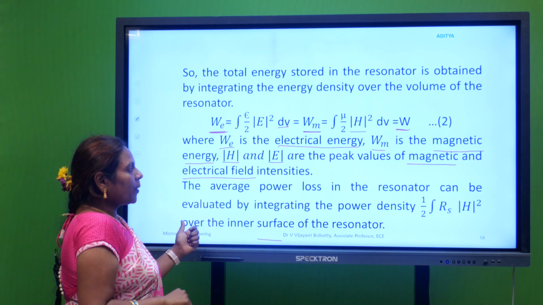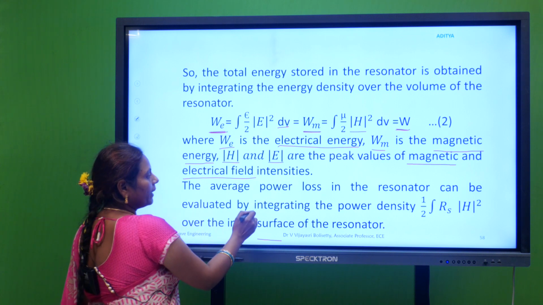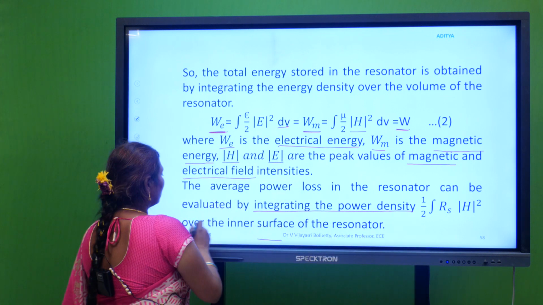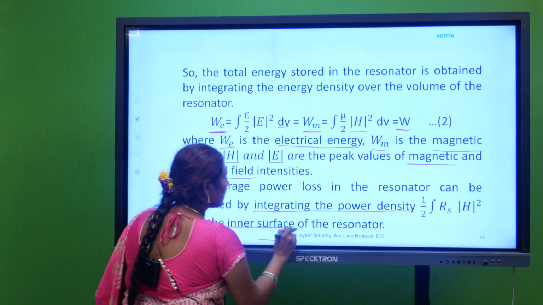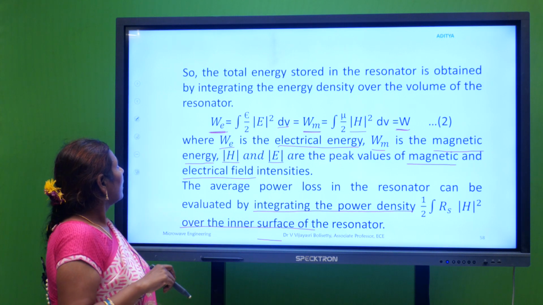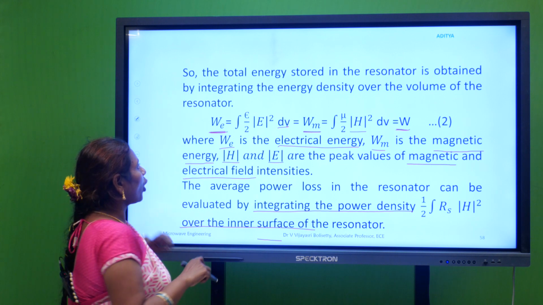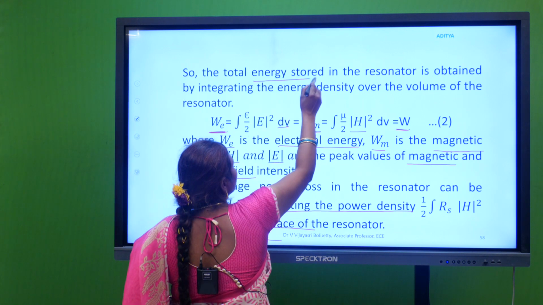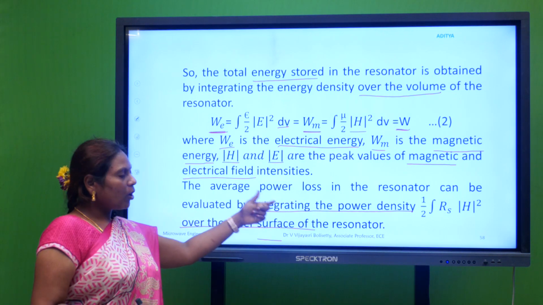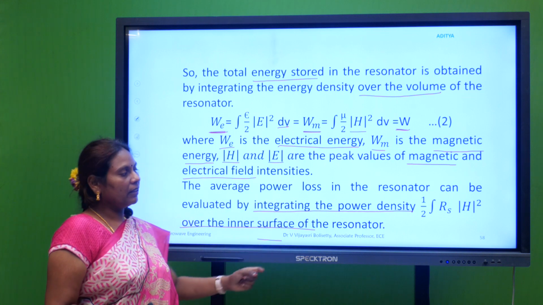The average power loss in the resonator can be evaluated by integrating the power density over the surface area. So first, energy stored is obtained by integrating over the volume, and the power loss is obtained by integrating over the surface area.